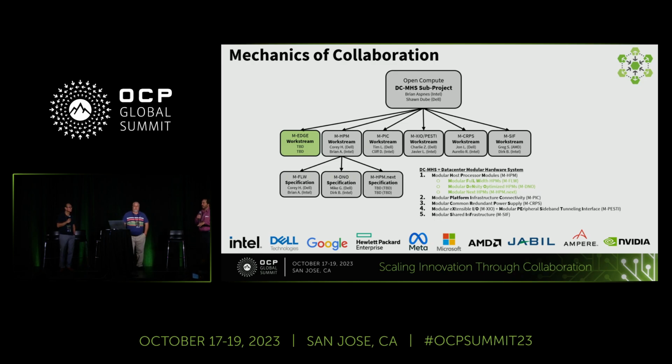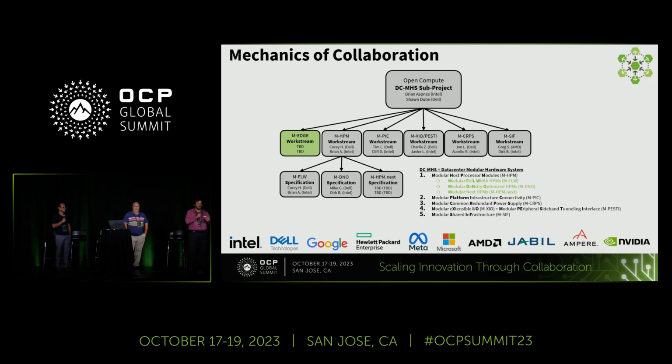We're proposing to structure this under the DC-MHS sub-project within servers. When we set up DC-MHS initially, we knew that we had a very broad, long-term vision, and we set up our structure internally that easily allows for new work streams to independently operate as well as collaborate together.